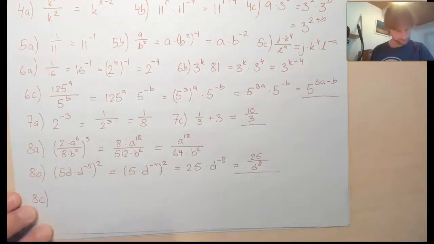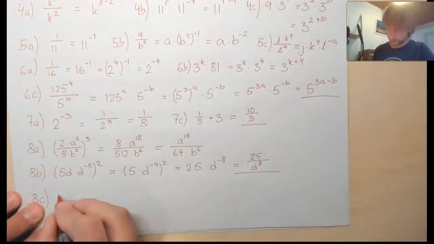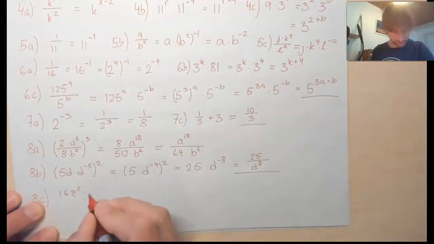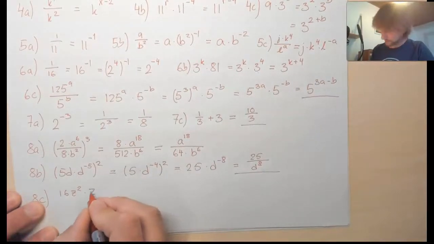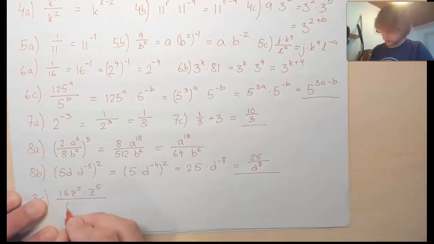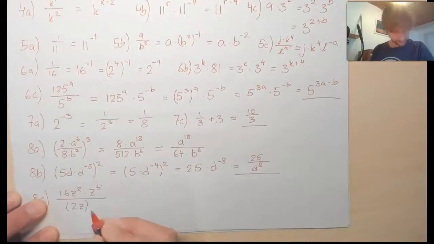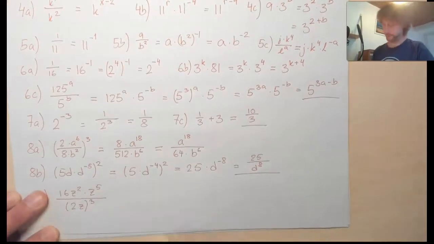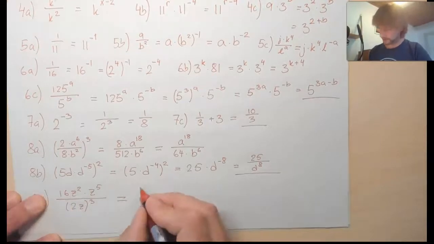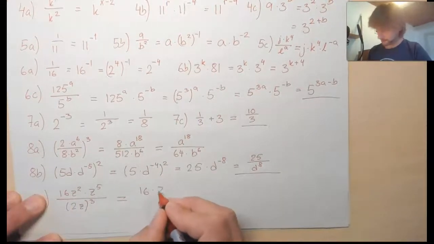8c, we have the fraction 16z squared multiplied by z to the power of 5 and divided by 2z to the power of 3. That's a lot of z's. So first of all, up here we have 16 times z to the power of 7.